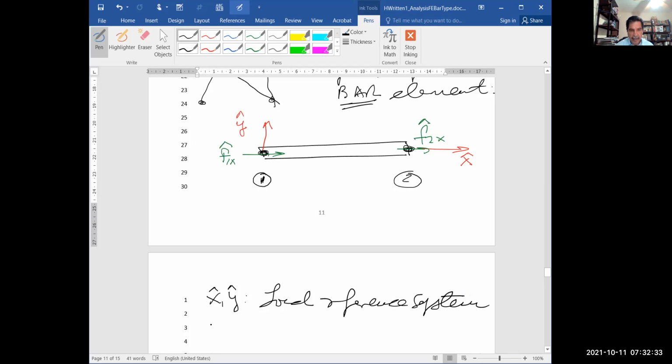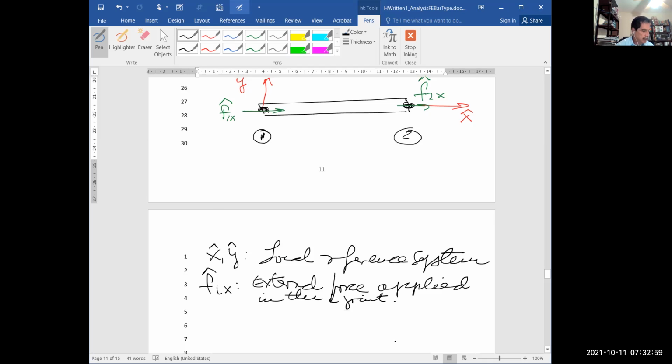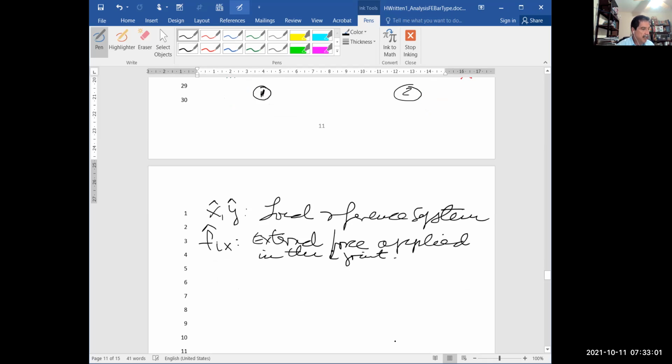And we say that F_ix local is the external force applied in the ith joint. This is just a specification just in case.